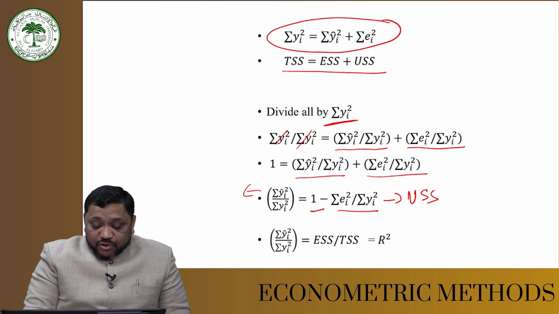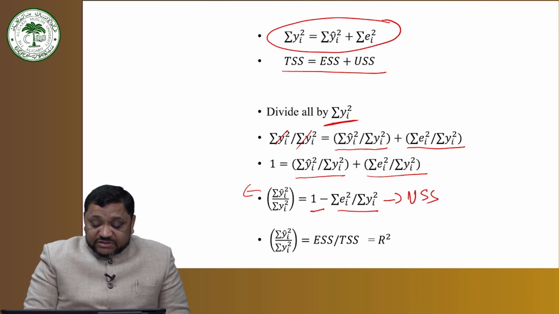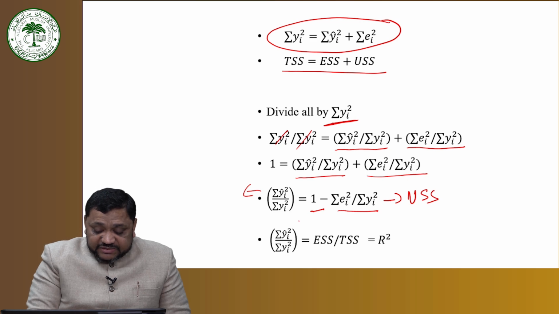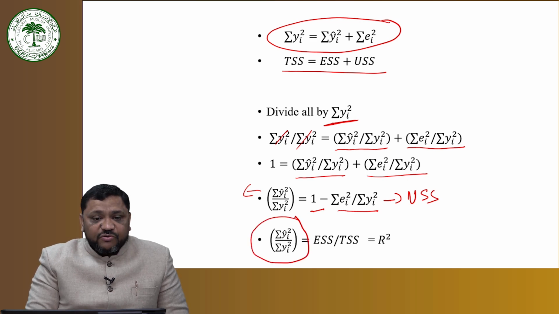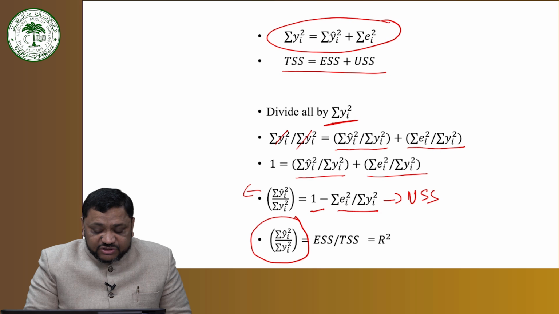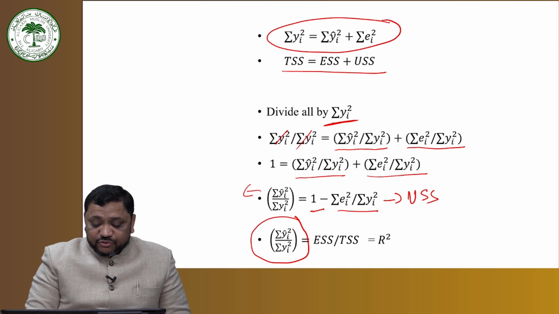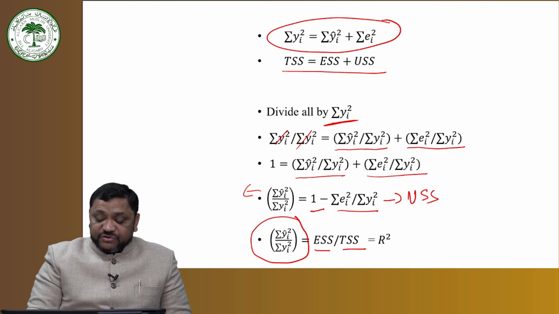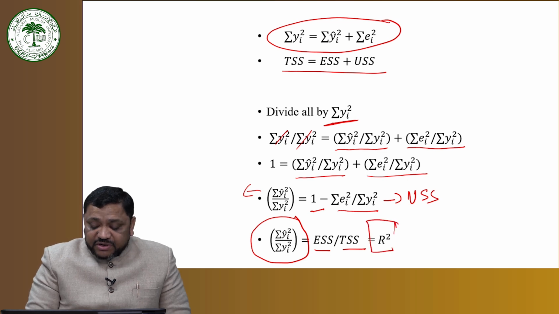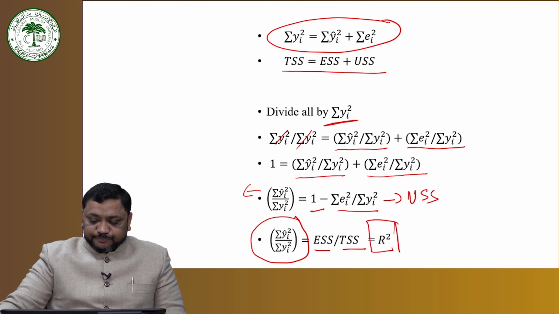So what is this? This y hat square divided by y square is equal to explained sum of squares divided by total sum of squares. This is nothing but the r square.